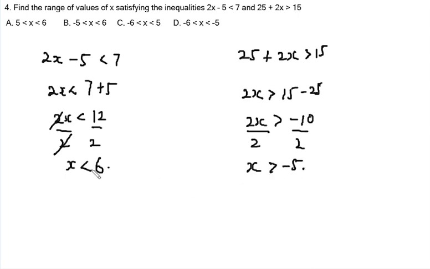Now, you need to take these two values into account. We know that x is greater than minus 5, so minus 5 is less than x, and x is less than 6. We combined the two inequalities to give us a unified answer in this form.